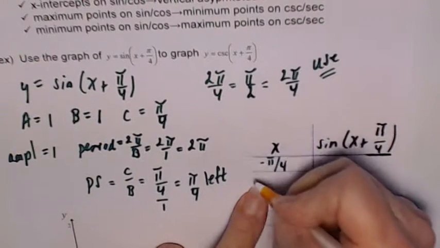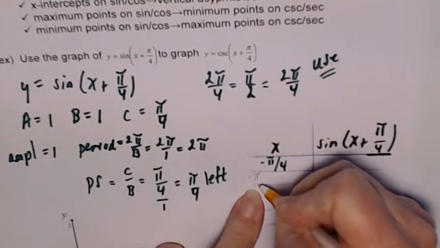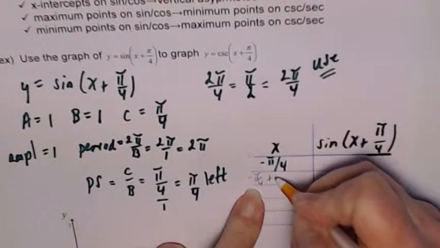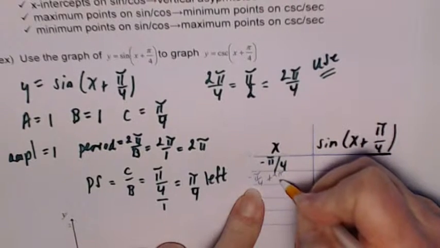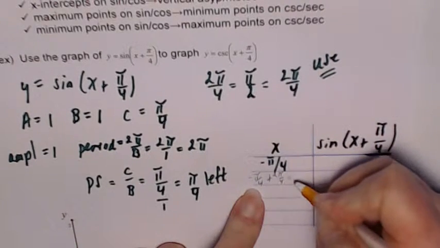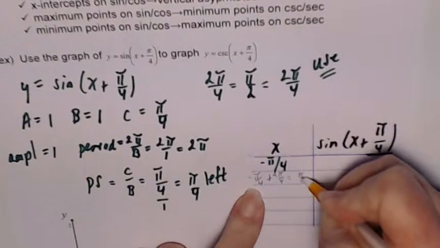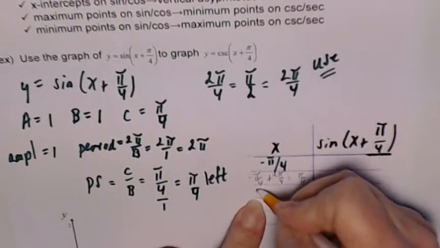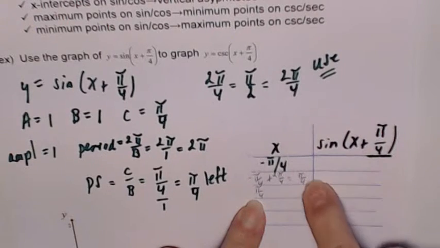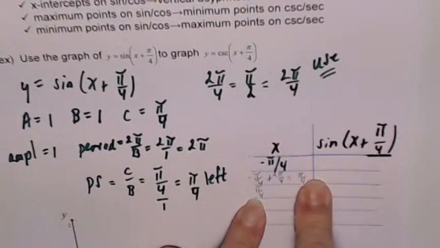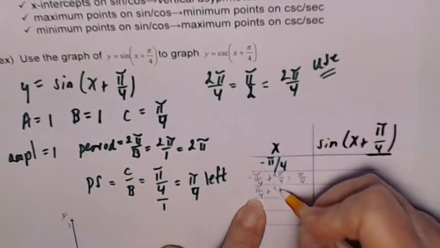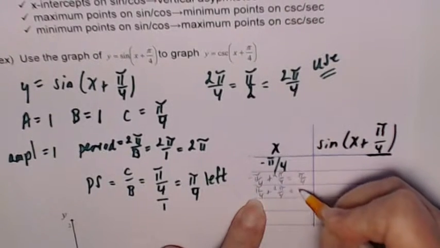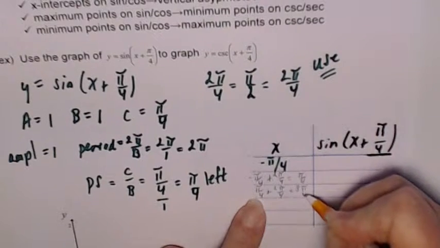So this next angle here is going to be negative pi over 4 plus our increment of 2 pi over 4, which gives us a positive pi over 4. Next, we have pi over 4, because we always start with this angle. And some of the homework, I saw some funky things going on there. And then we add our increment of 2 pi over 4 to get 3 pi over 4.